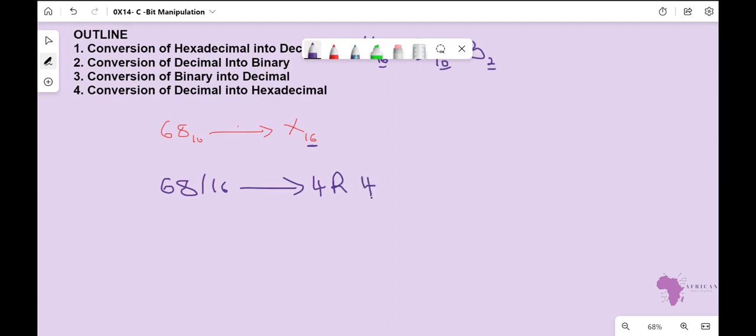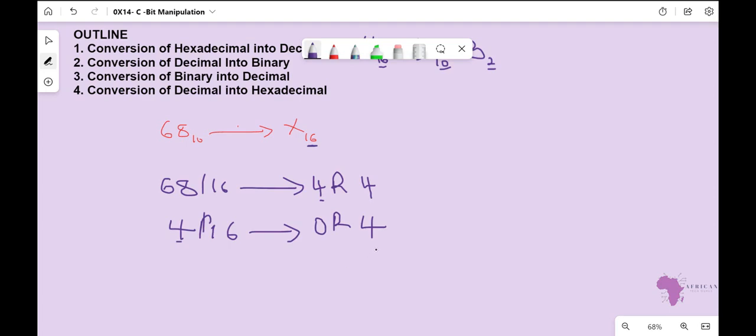And then we divide now 4 by 16, which will give us 0 because it's not enough, remainder 4.